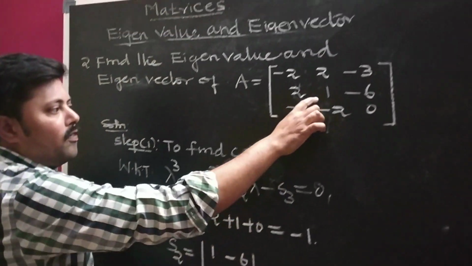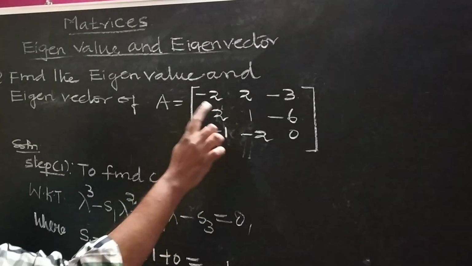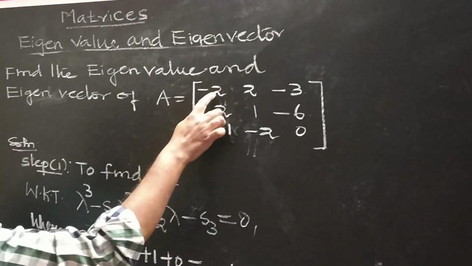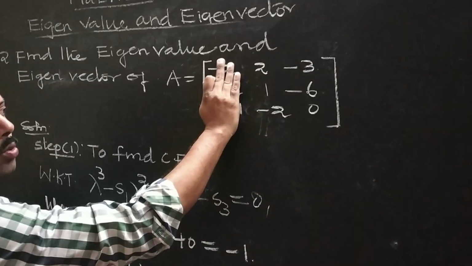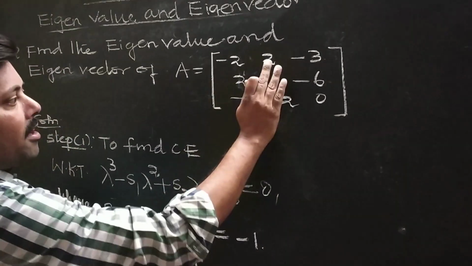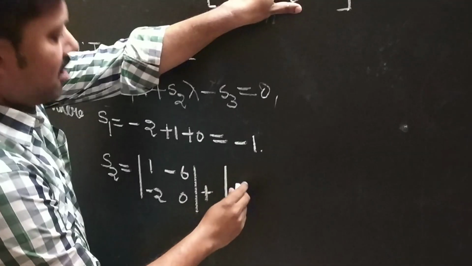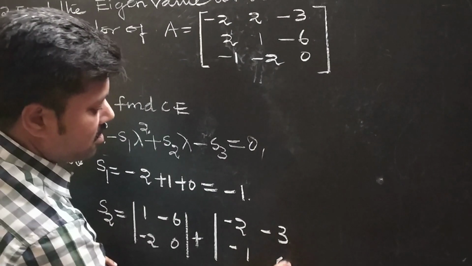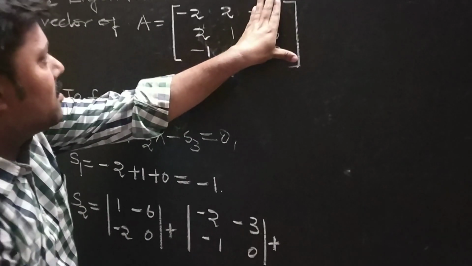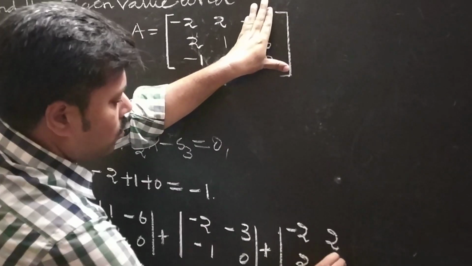Then the minor of the diagonal element 1 is [-2, -3; -1, 0]. Then the minor of 0 is [-2, 2; 2, 1].